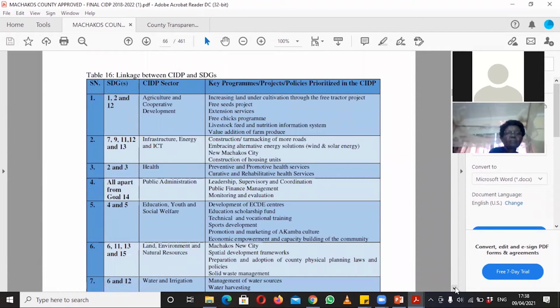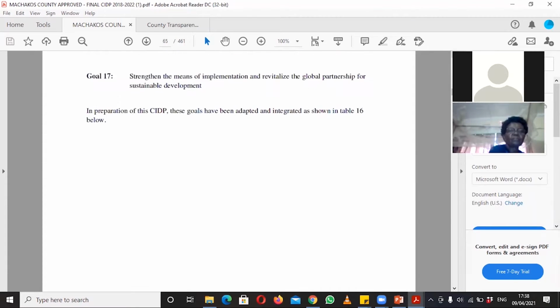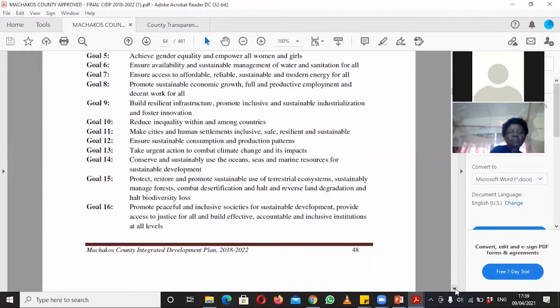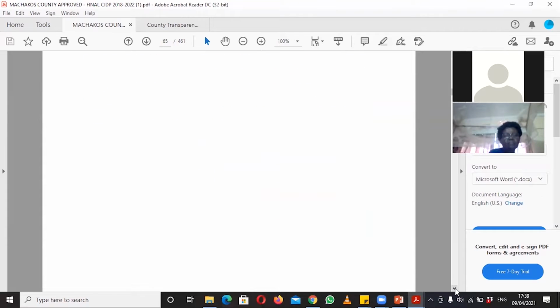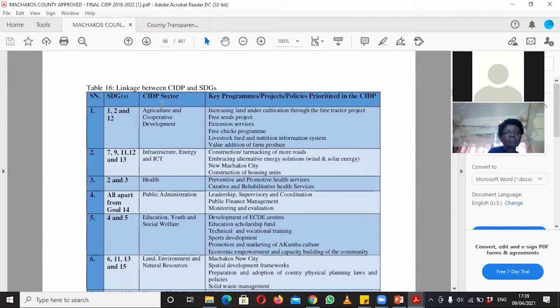You can see here they are showing the linkages between the CIDP and the SDGs, the ones that I had mentioned. SDG 1 is for poverty, SDG 2 to end hunger, and SDG 12 refers to ensuring sustainable consumption and production patterns. You find that in the agricultural sector, food security.